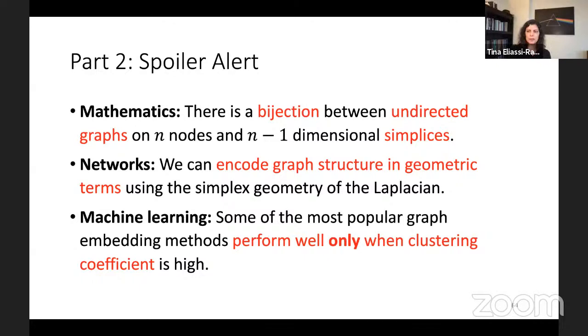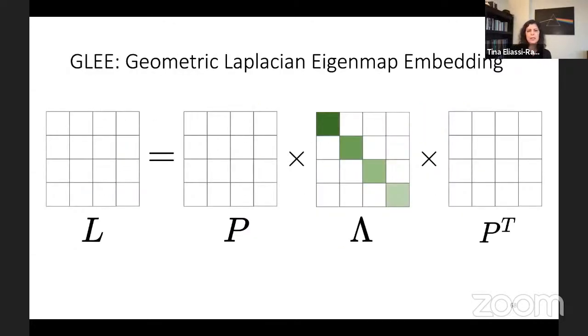So what do we do? I'll quickly go through this. I have my Laplacian matrix. I can do singular value decomposition that we all know and love. Now, if I zero out some of the columns in the left singular vectors, the singular values, and the right singular vectors, then I have an approximation of the Laplacian, right?